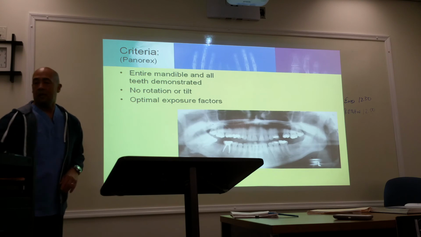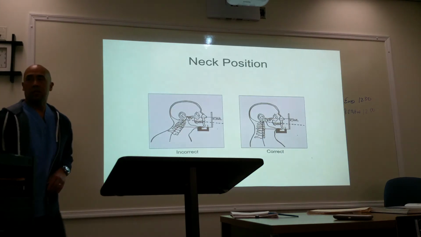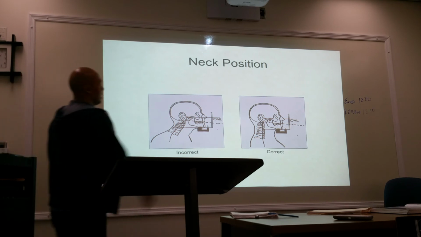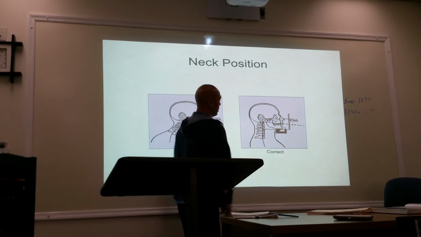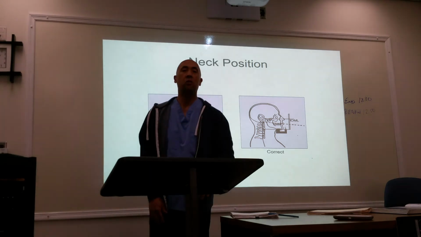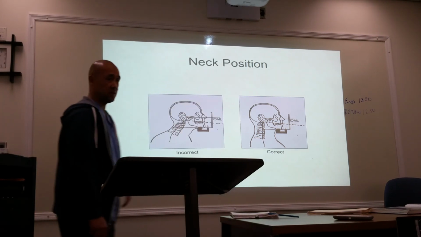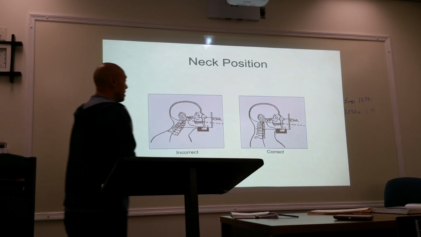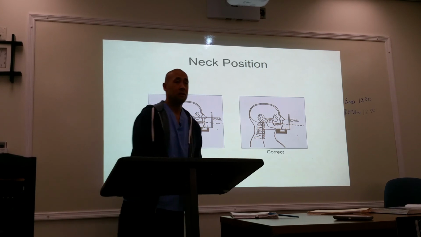So to properly position for Panorex, the patient has to be in an upright position. The cervical spine has to be perpendicular with the floor. And then the IOML must be parallel to the floor.